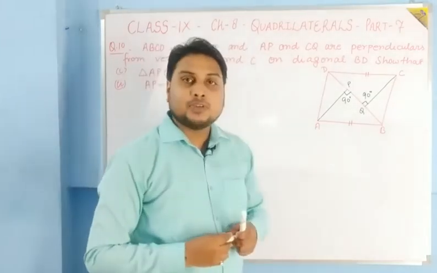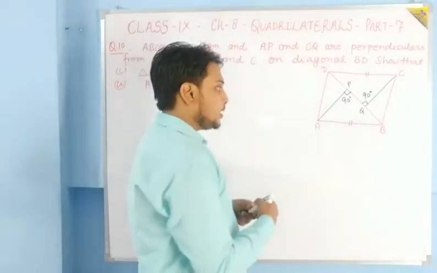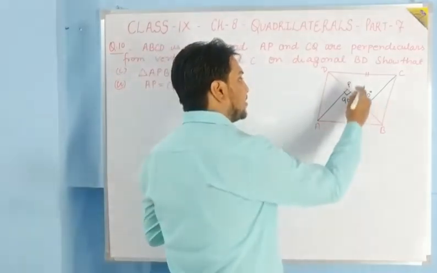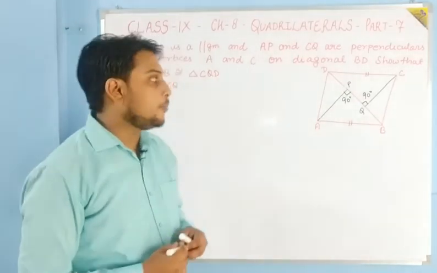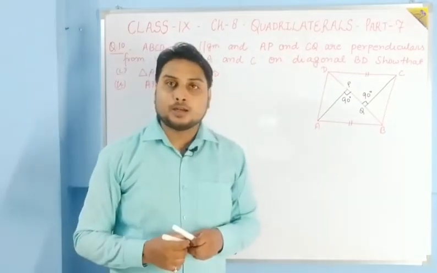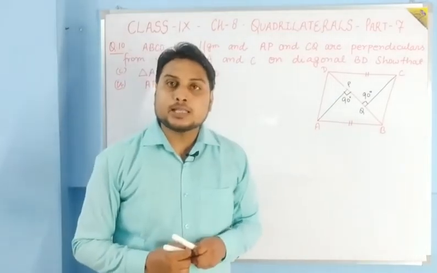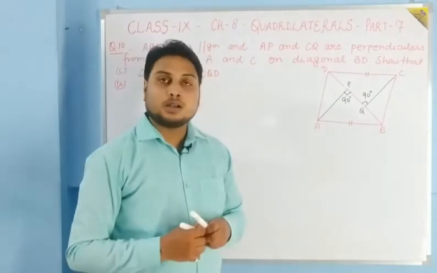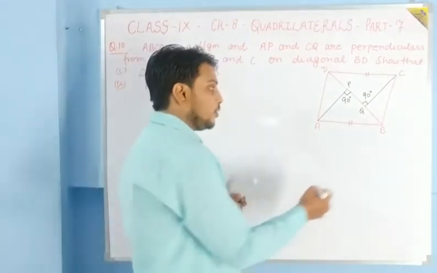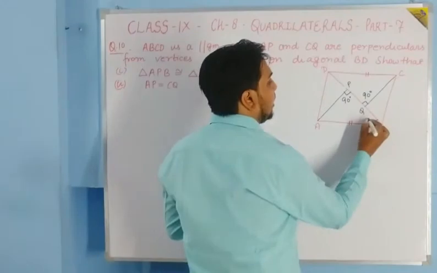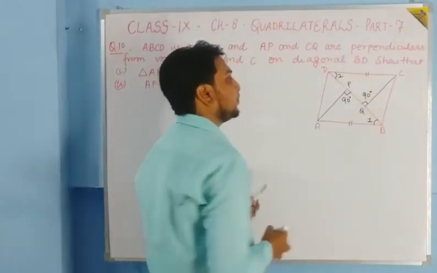So what else can we show that is equal in these two triangles? See students, as we all know this shape is a parallelogram, and in a parallelogram opposite sides are parallel to each other. So if opposite sides are parallel, it means their alternate interior angles should be equal. Here we can write, suppose it is 1 and here it is 2.